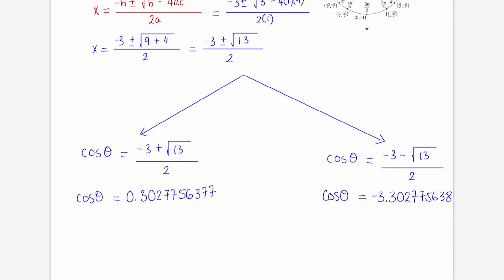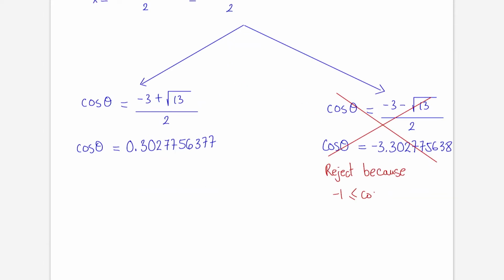I am not going to take this answer because it is not in the domain of inverse cosine. Now, I am going to use the equation cosine of theta equals 0.302775637 to solve for theta. So to find theta, I will take cosine inverse of this number right here.